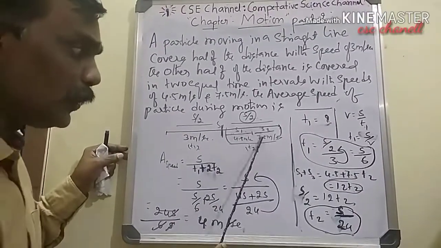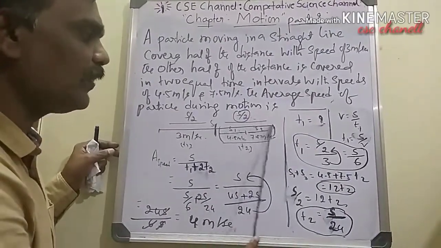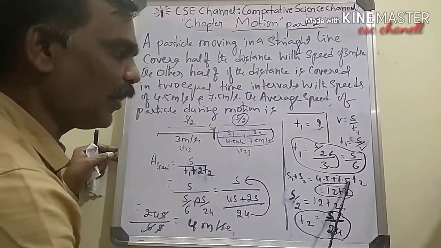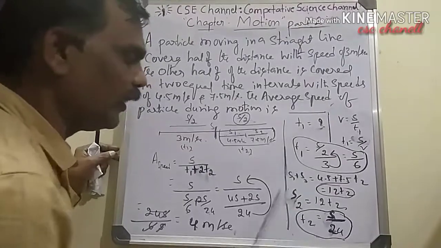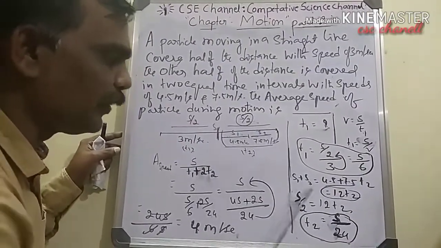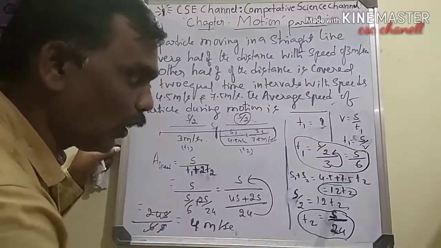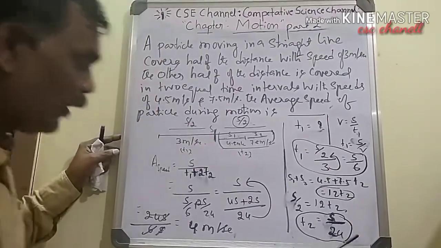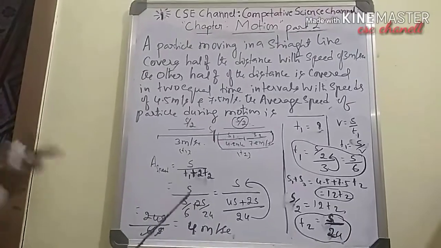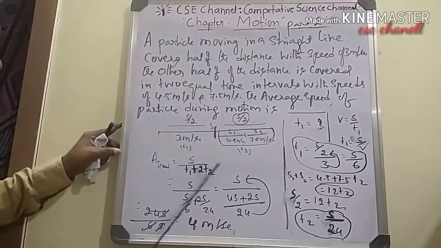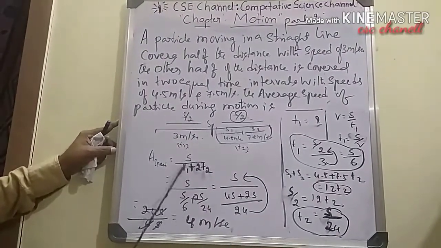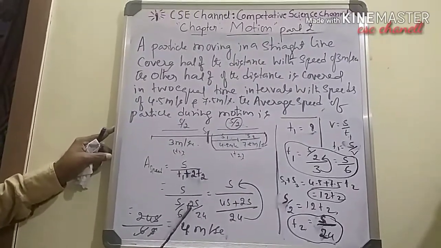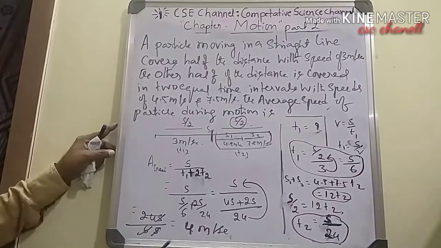Then for T2, S1 plus S2 together: 4.5 plus 7.5 is 12, times T2. This is S by 2, so S by 2 is equal to 12 T2, and T2 is equal to S by 24. Now apply S divided by T1 plus 2 T2: S divided by S by 6 plus 2 into S by 24.